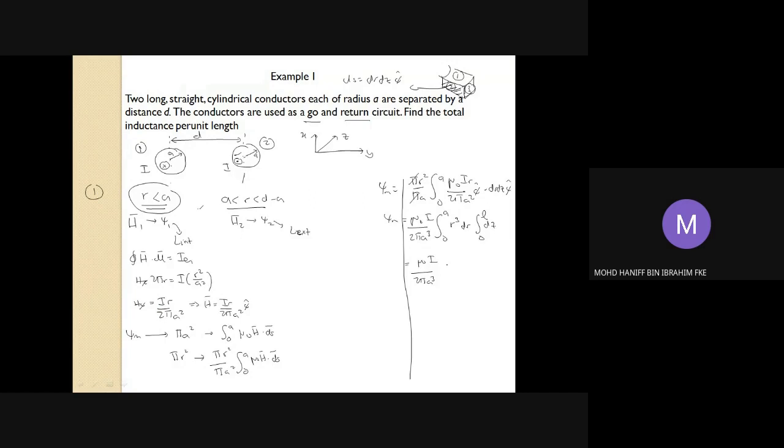That will give us a to the power of 4, correct? Let me see, am I right? This is a squared, sorry, so this is a to the power of 4. When we integrate from 0 to a, we have a to the power of 4 divided by 4, times L. So a to the power of 4 can be cancelled out, and we end up with mu naught I divided by 8 pi.